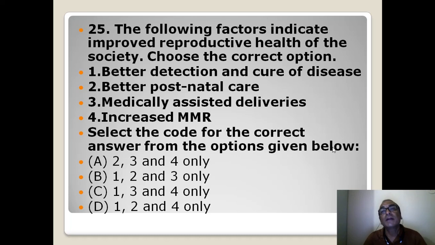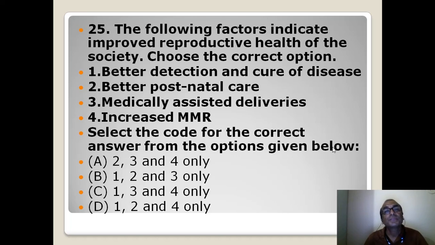Better detection and cure of diseases related to reproductive health. Then 2. Better postnatal care, that is after the delivery of the child. And then 3. Medically assisted deliveries, which are carried out with the assistance of medical practitioners, physicians, gynecologists, right?